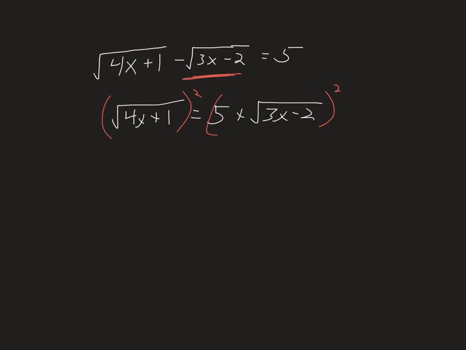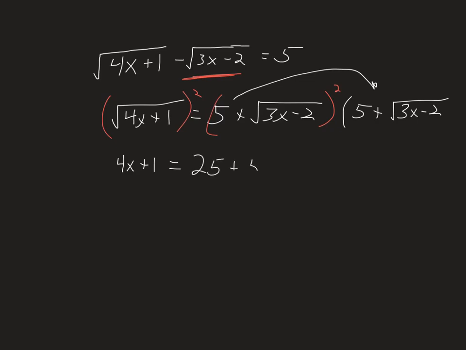So now on the left side, this is going to be 4x plus 1. On the right side, we need to FOIL this out, so I actually have to multiply this by itself. 5 times 5 is 25. 5 times rad 3x minus 2. And then there's another 5 times rad 3x minus 2.